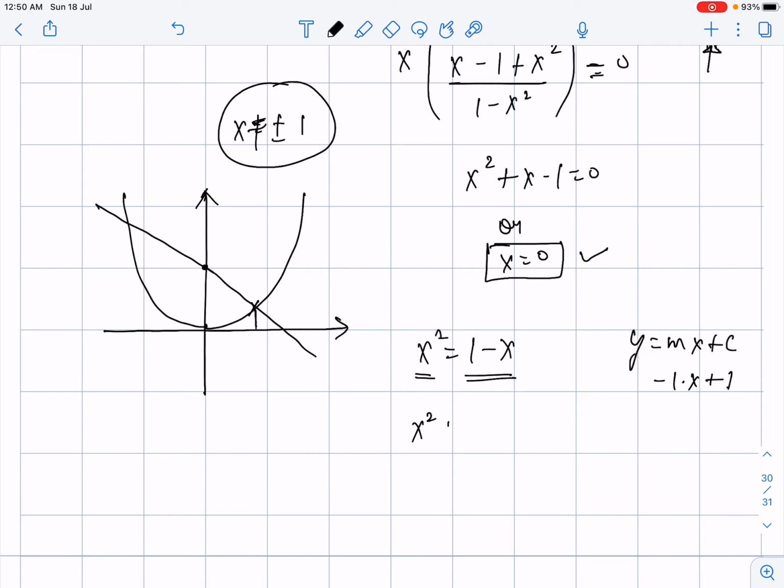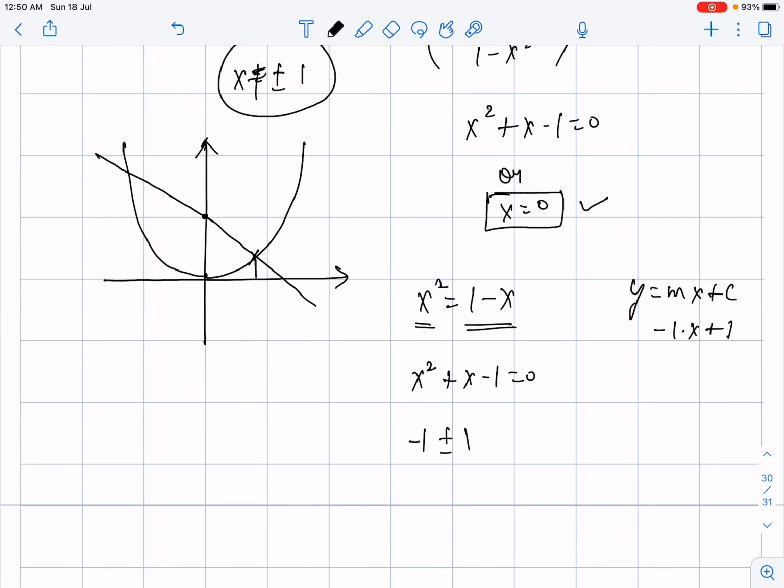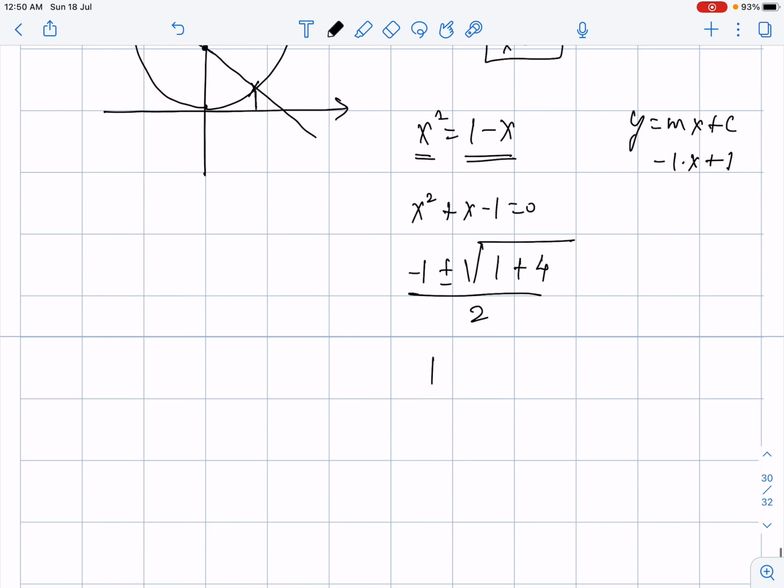What do we have? x^2 + x - 1 = 0. So x = (minus 1 plus or minus square root of b^2 minus 4ac) divided by 2. That means minus 1 plus or minus square root of 1 plus 4, divided by 2, which is minus 1 plus or minus root 5 by 2.